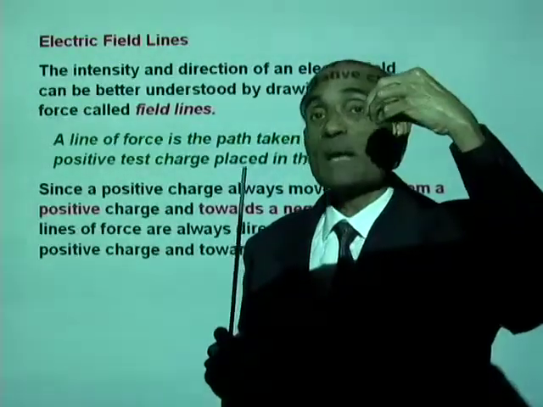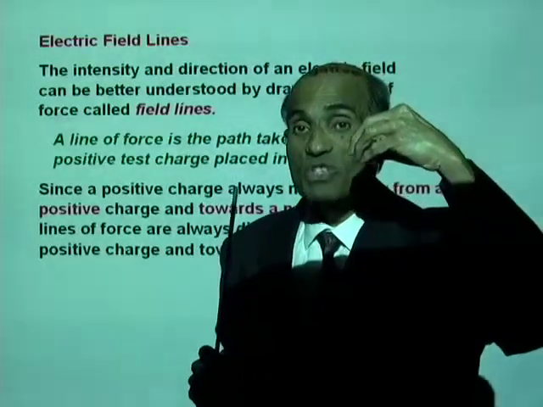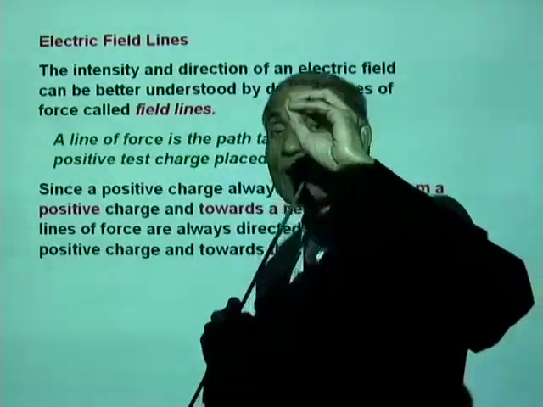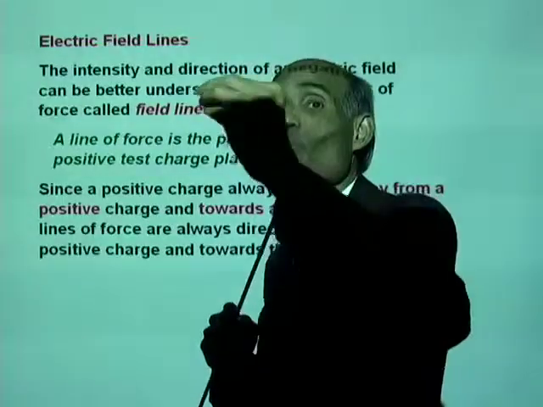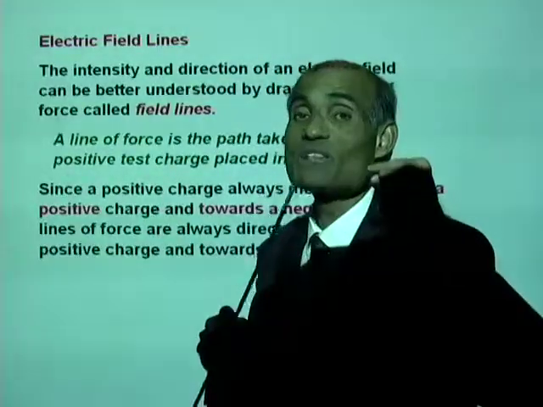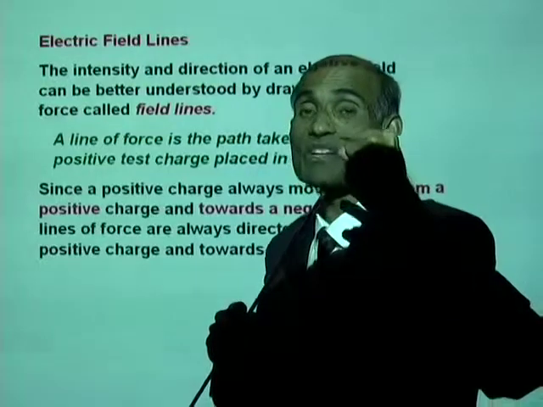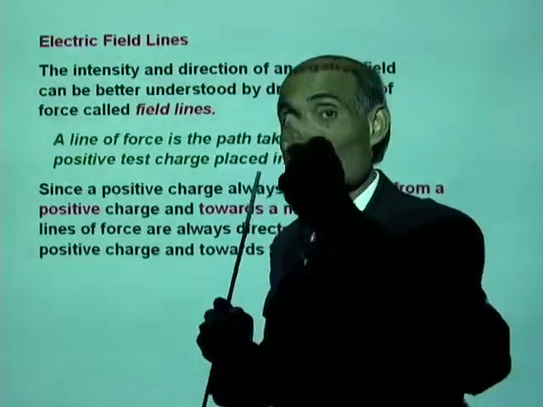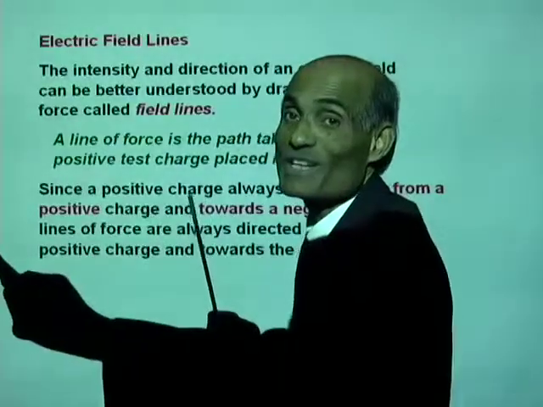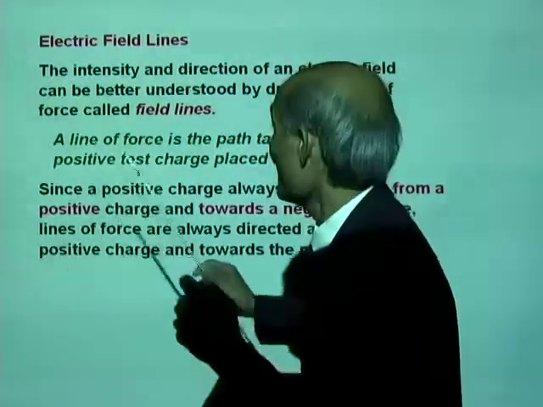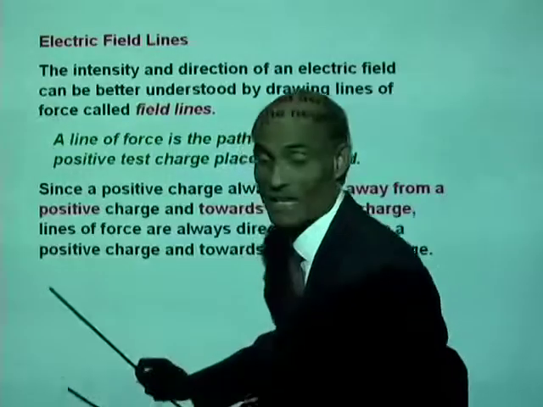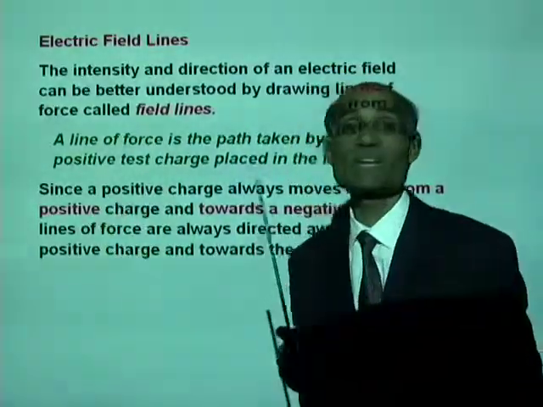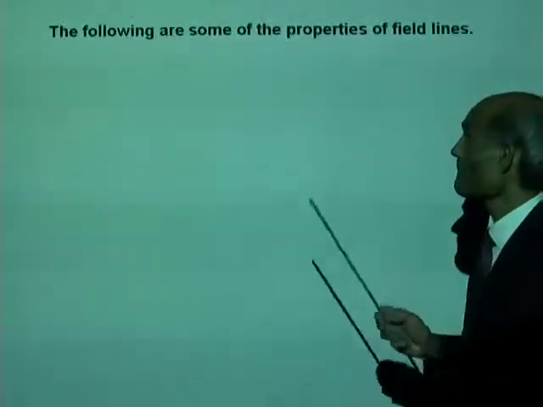That means if you place a unit positive test charge near a positive charge, it will move away and it will move towards the negative. That means the path taken by that test charge will be directed away from a positive charge and towards the negative. Alright? And so a field line will start at a positive and end in a negative charge.